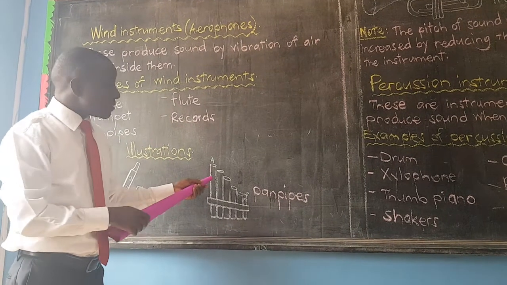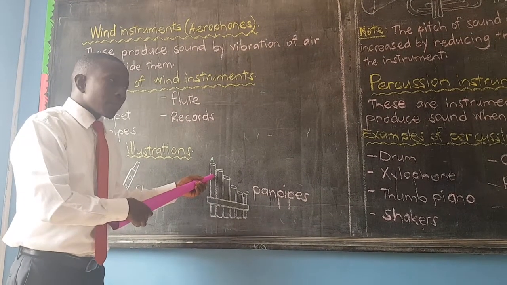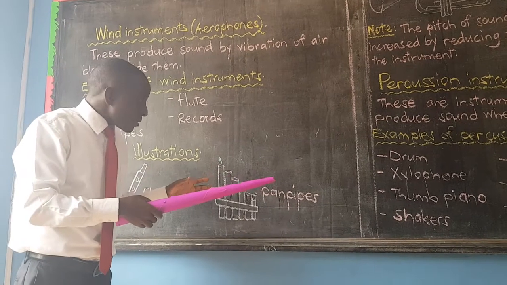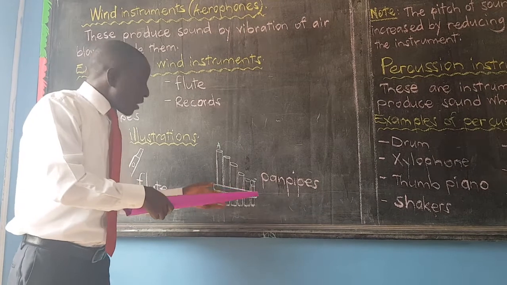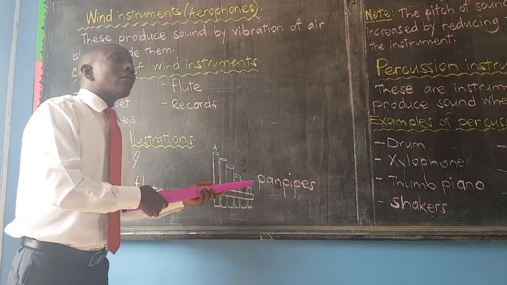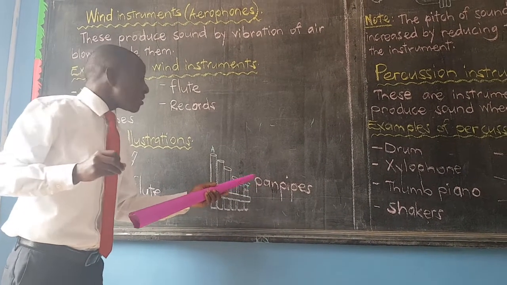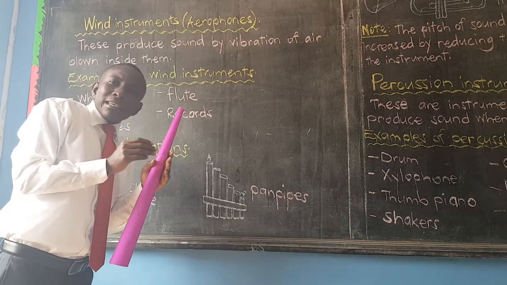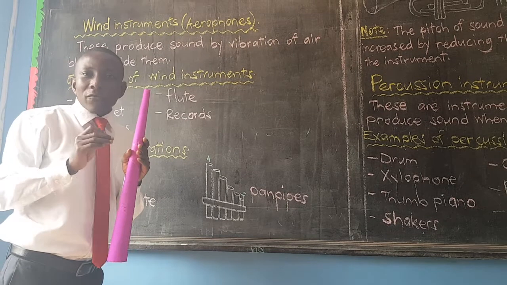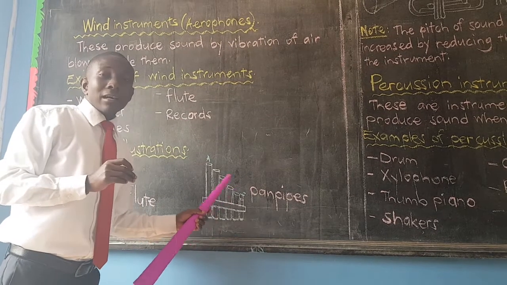Just like you can see these panpipes. This one produces low pitched sound, followed by this one, and this one. Why does this one produce sound of the highest pitch than the rest? It is because this one is small, so air inside it vibrates faster than the rest.